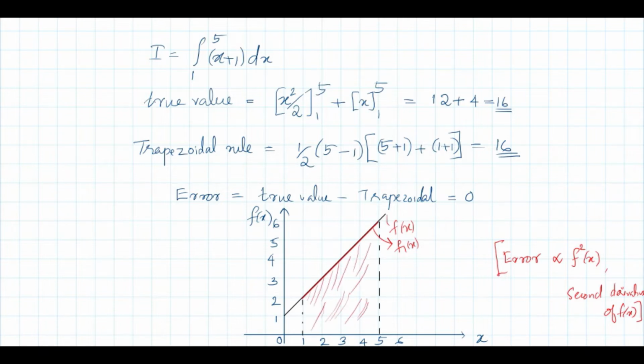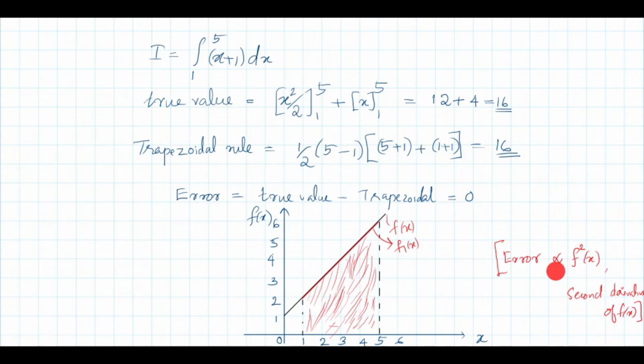Therefore error is 0. That means if your original function is linear, in the trapezoidal rule you will get exactly the same answer that you obtain when you use analytical methods.